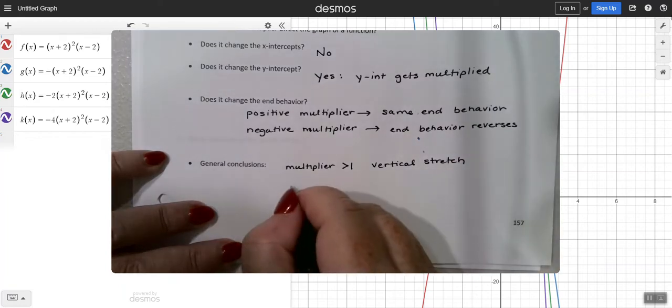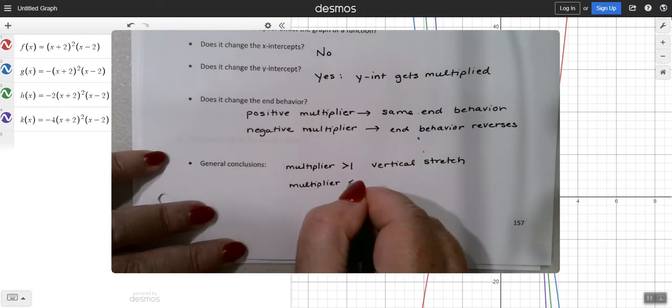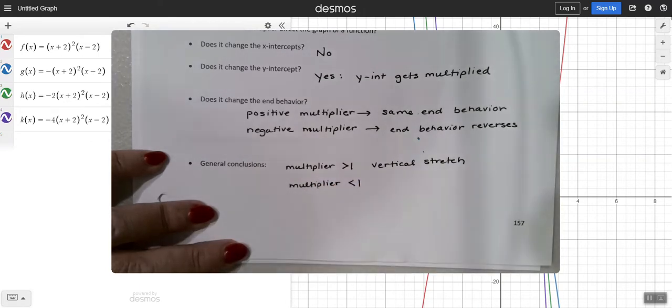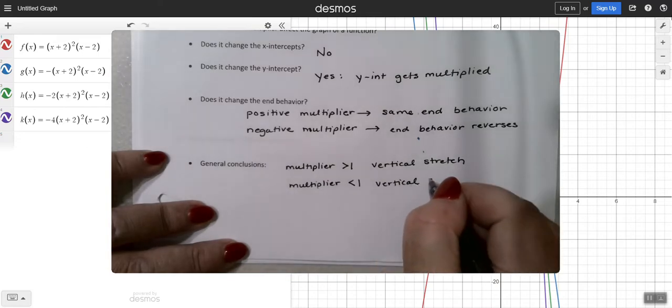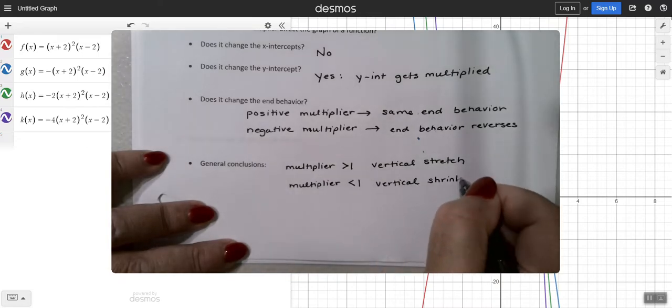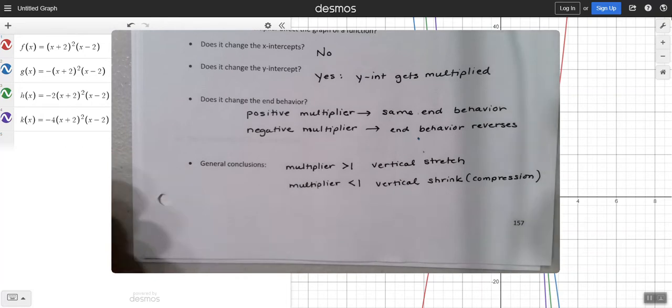I didn't give you an example, but we'll see one a little later. If I had chosen a multiplier smaller than 1, it would have been a vertical shrink or compression. Again, just like what we were seeing with the transformations earlier on.